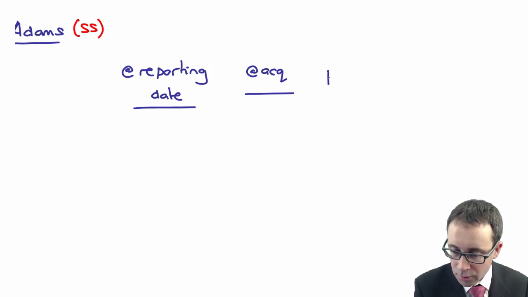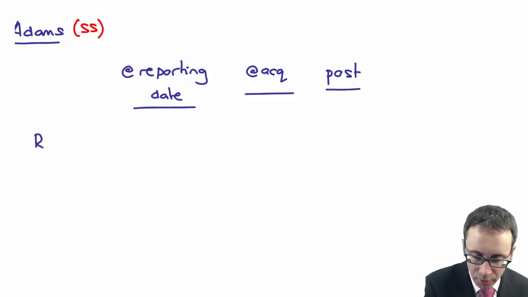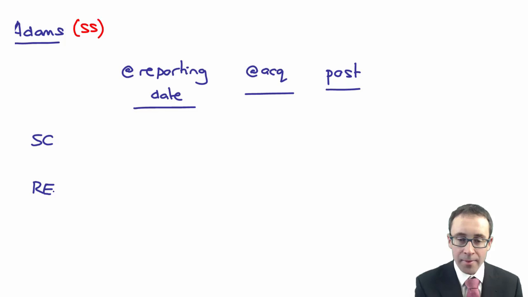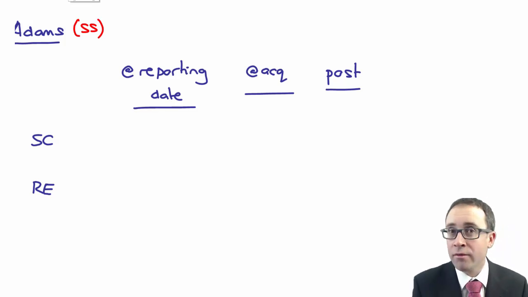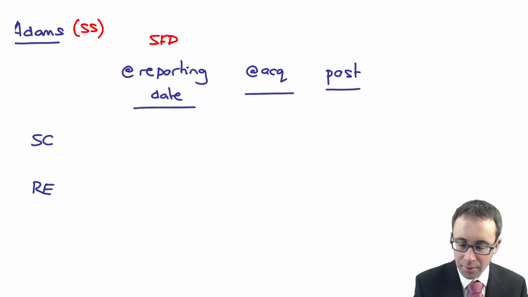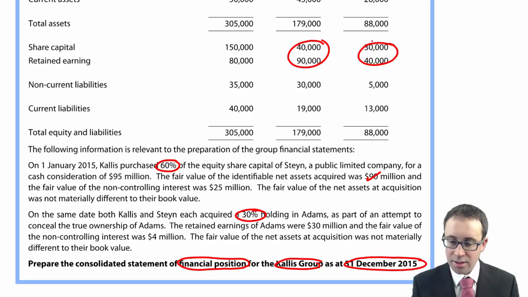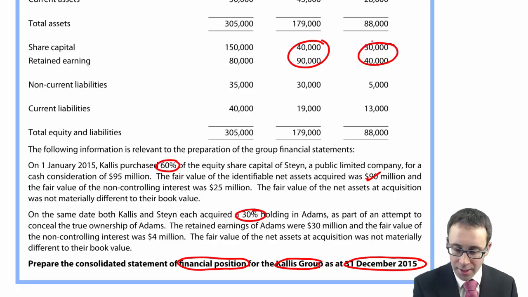And then we also want to look at what happens post-acquisition, don't we? If memory serves me right, we had share capital and retained earnings. So again, the figures at the reporting date, where do they come from? Correct. The statement of financial position.